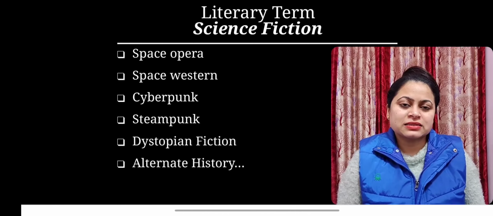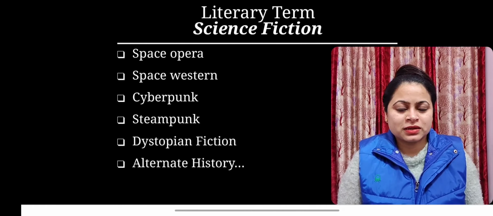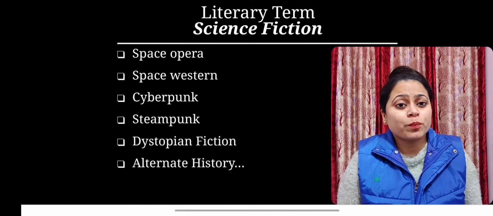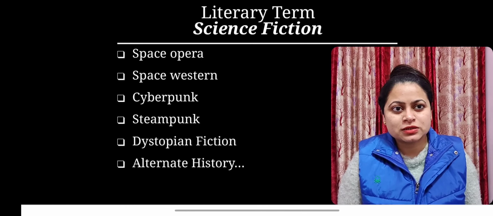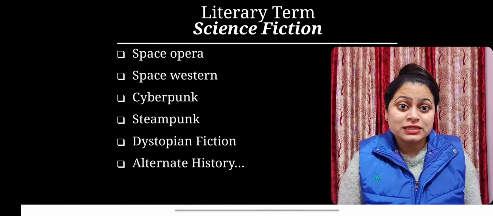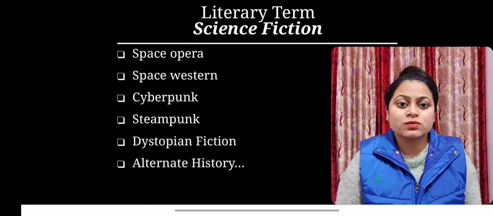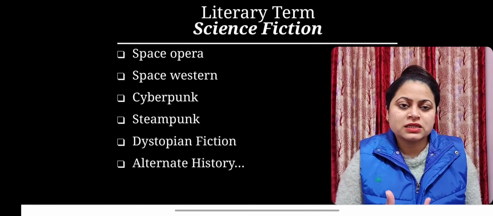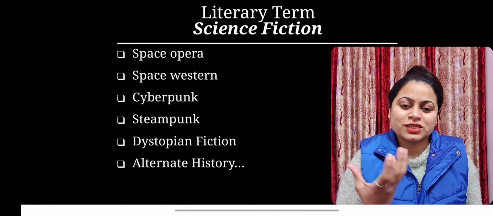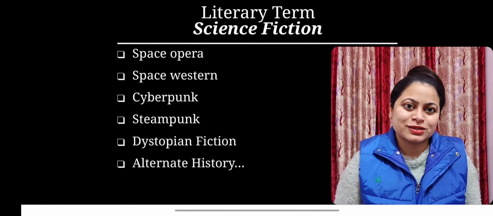On a final note, I would say that the popularity of the science fiction genre or science fiction novels has increased manifold over the years, and that's why it is divided into many subgenres. These are some of the subgenres of science fiction, which has become an umbrella term with many branches.